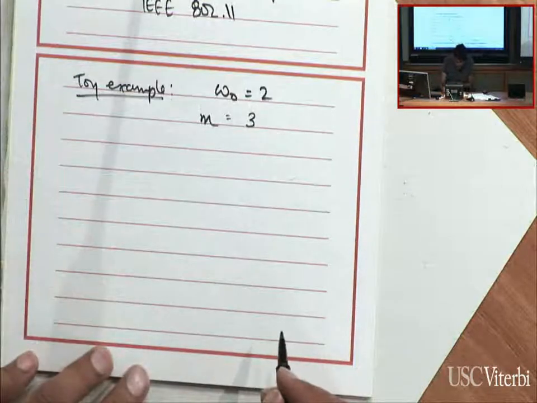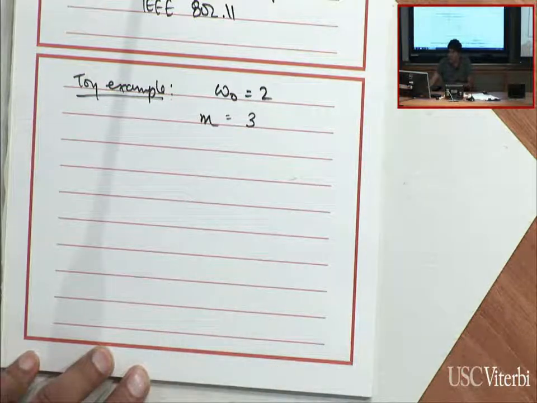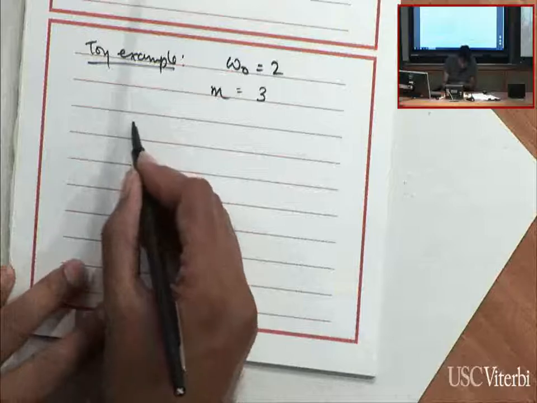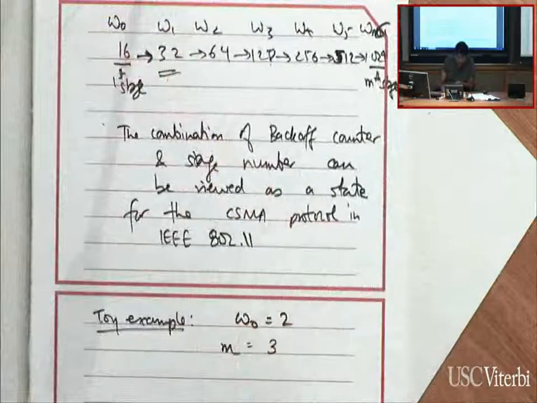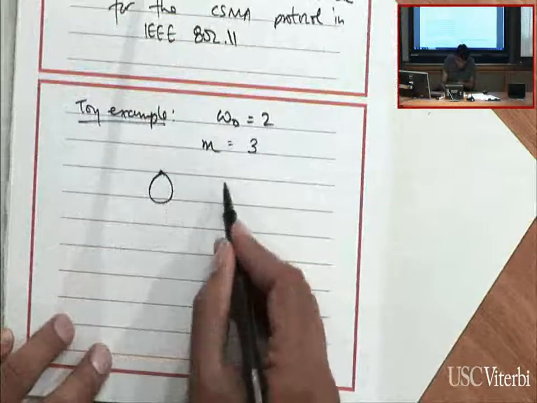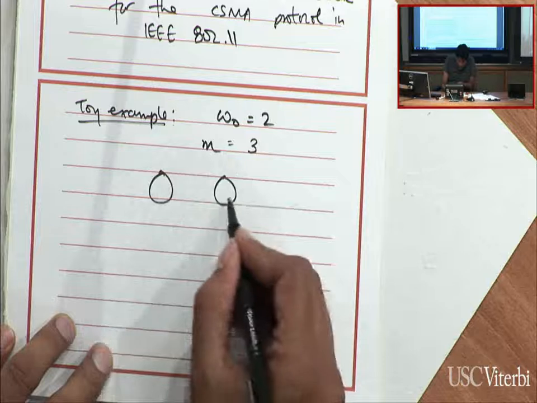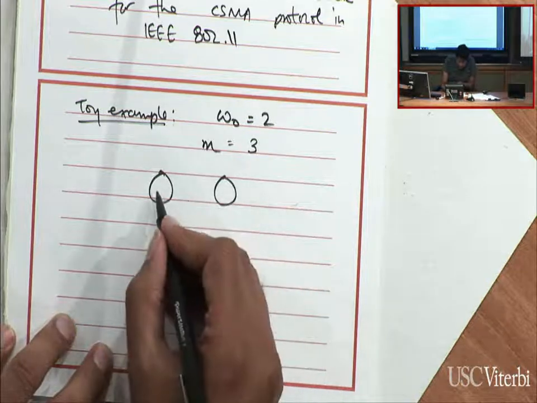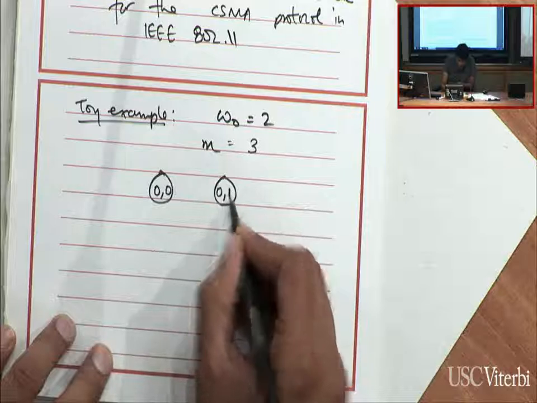So what does that look like? So if you take, in the 0th stage, you have only 2 possibilities for the back-off counter. It could be either at 0 or it could be at 1. And so let's call this 0,0 and this 0,1.